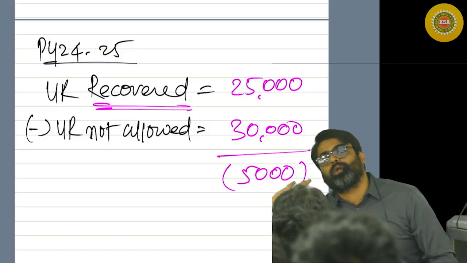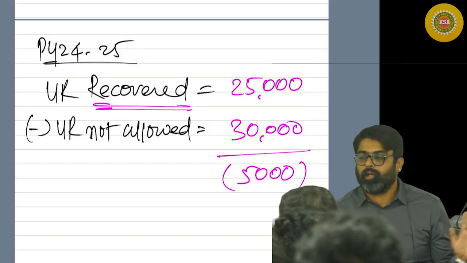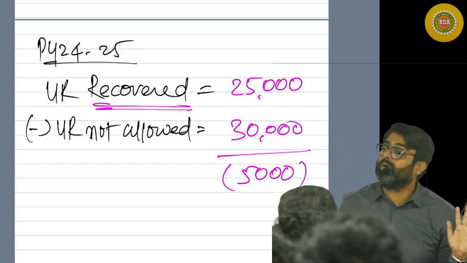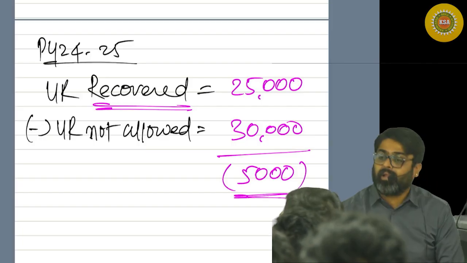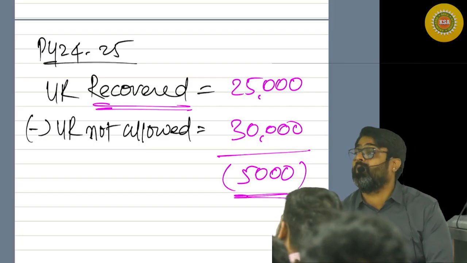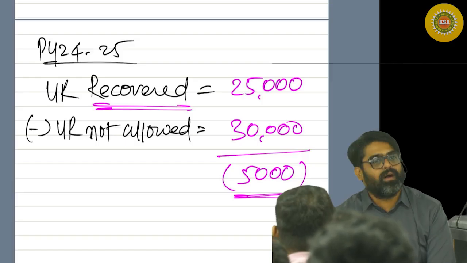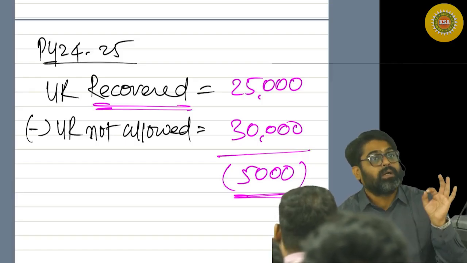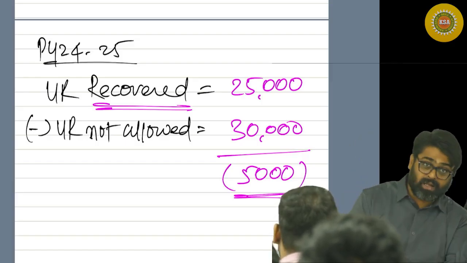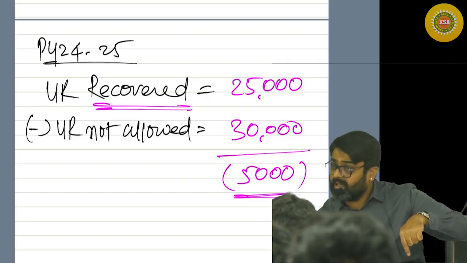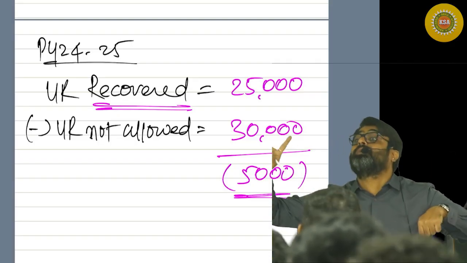Recovery up to 30 will not be taxable. Yes or no? So if the amount is coming negative, the taxable amount is still 0. Got it, sir? Everyone?